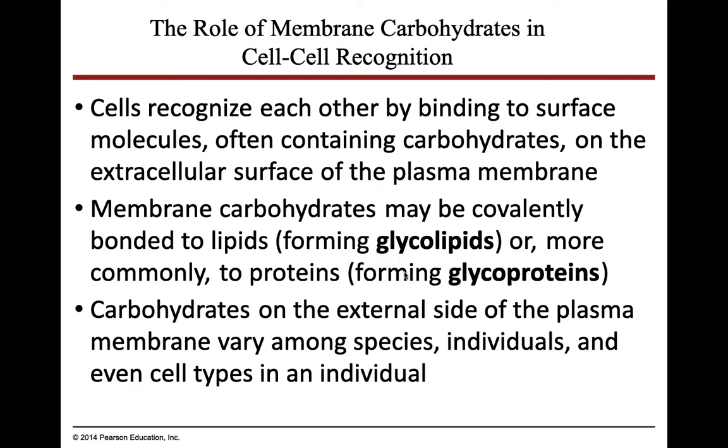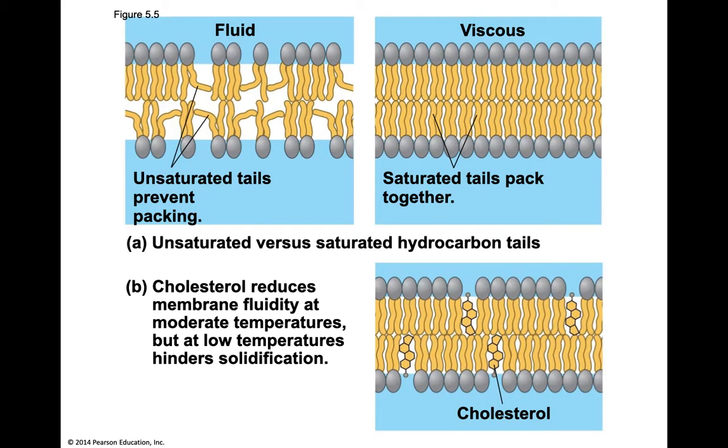And they can either be bound to lipids, known as glycolipids, or proteins, known as glycoproteins, that point inwards and outwards to receive information. These vary among species, individuals, and even cell types within a species, meaning your liver cell has different glycoproteins than maybe a smooth muscle cell, based on the types of signals that are going to be sent to those two cells and their roles within tissues and organs.